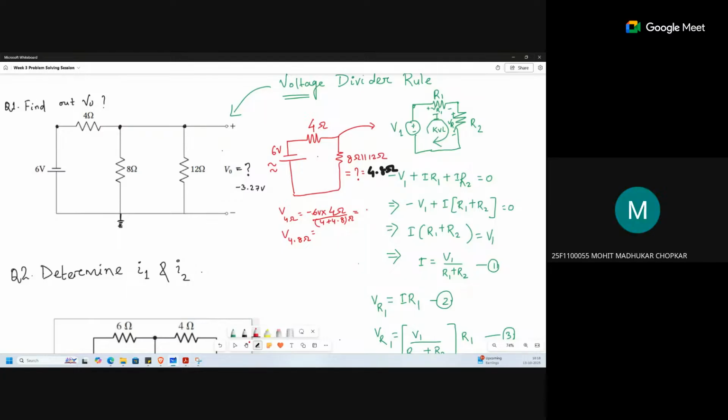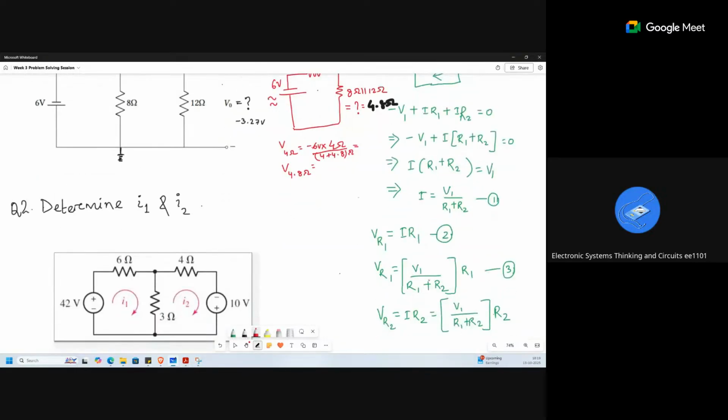Is 6 multiplied with 4 only or with both? No. That is the formula we derived here. You see, total voltage multiplied with the corresponding resistor, whichever resistor across which you are finding the voltage. Okay.